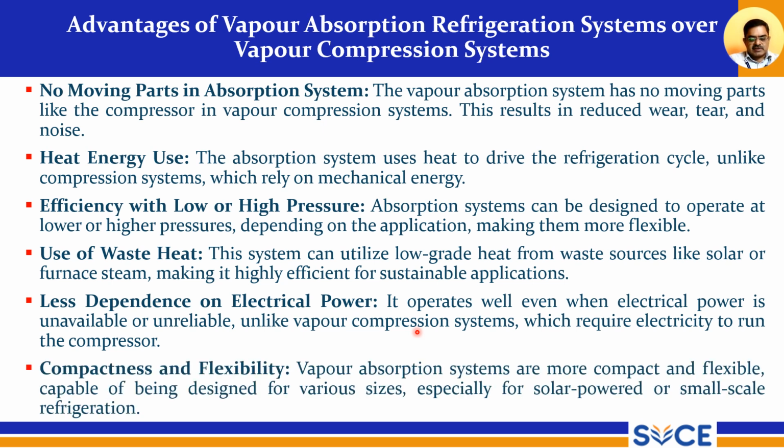Compactness and flexibility: the vapor absorption systems are more compact and flexible, capable of being designed for various sizes, especially for solar power or small scale refrigeration systems. So that is another advantage of vapor absorption systems over compression systems.